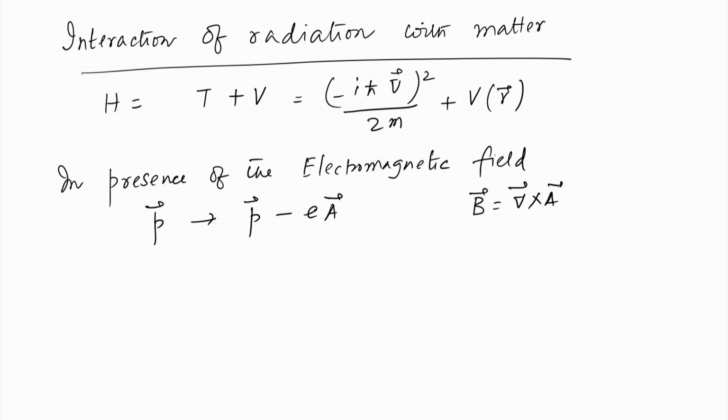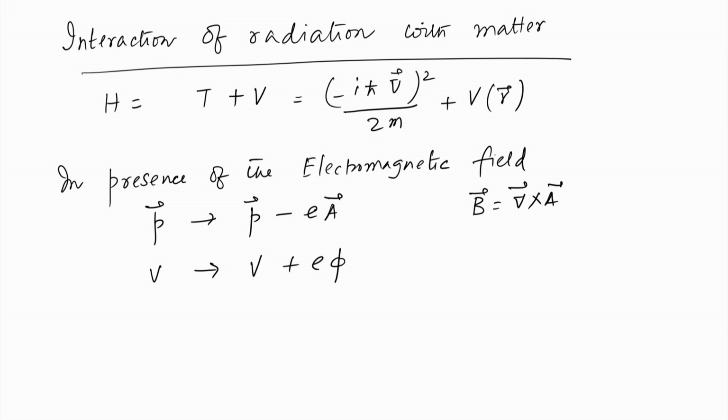So, once again the radiation corresponds to the electromagnetic field, and the electromagnetic field has both electric and magnetic field. Here we are talking about just the magnetic field, and we will also talk about the electric field, where V now takes a form which is e phi, and we are taking it as charge, and we can play around with the sign of e.